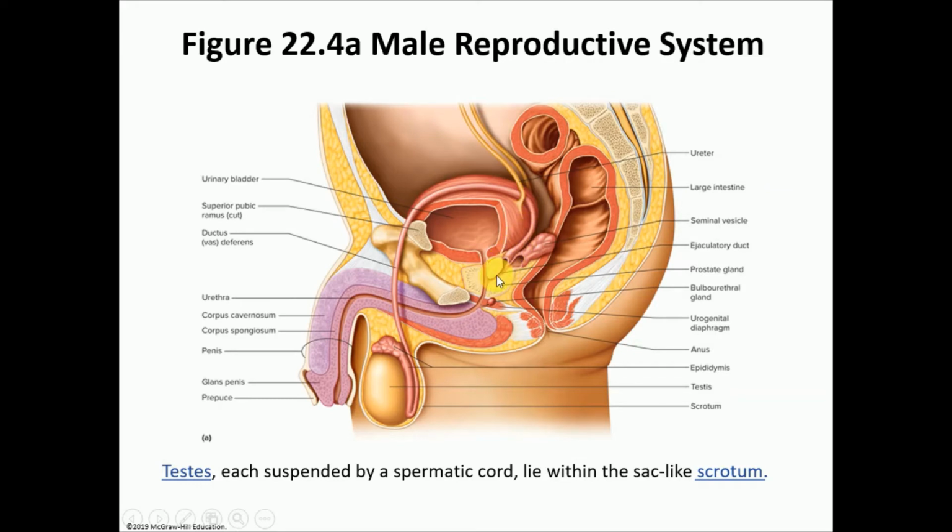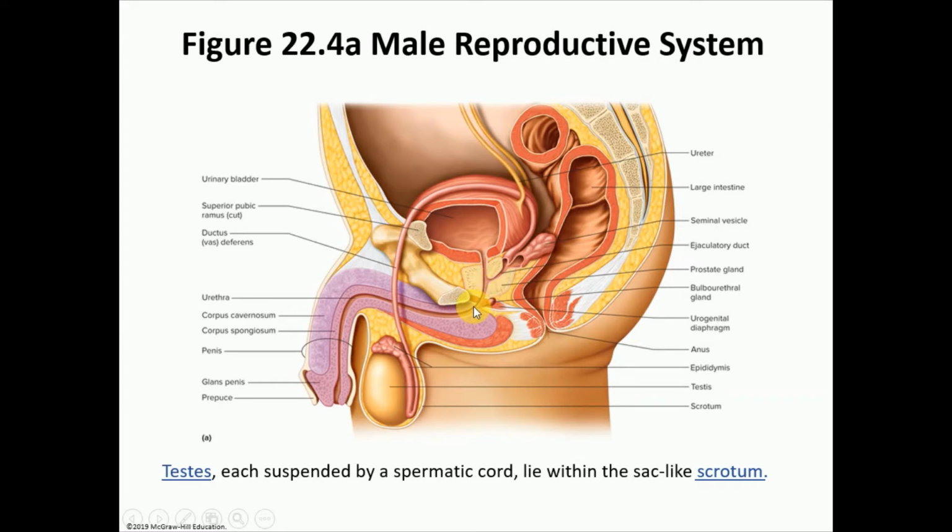And these sperms are going to be dumped into an ejaculatory duct. As it goes through that duct, some fluids or secretions are going to be added to those sperms. So for example, you have secretions coming from the seminal vesicles that also are emptied into the ejaculatory duct. The prostate that is surrounding the ejaculatory duct will also make secretions, and all of these secretions are going to be added here or pass through this tube known as the urethra.